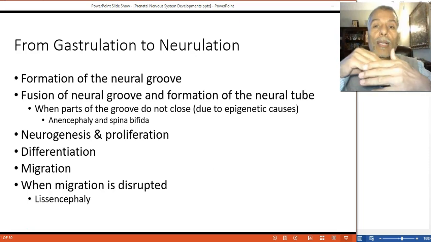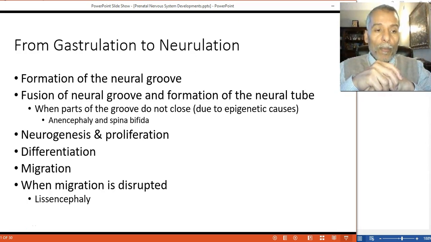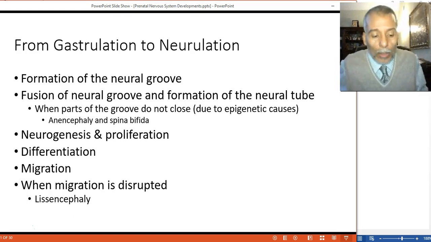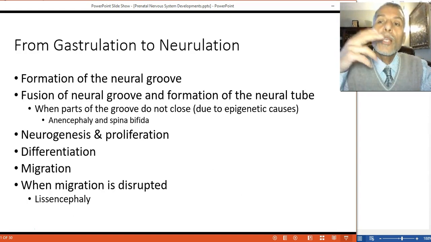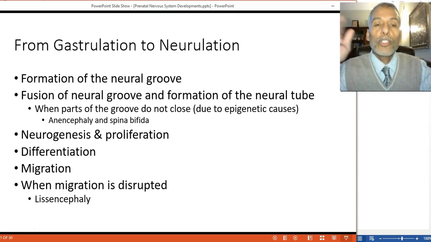And then we have migration and cell differentiation. The old research tends to look at differentiation as something that occurs after, but recent brain research shows that differentiation happens way, way early. It actually determines the order of migration.